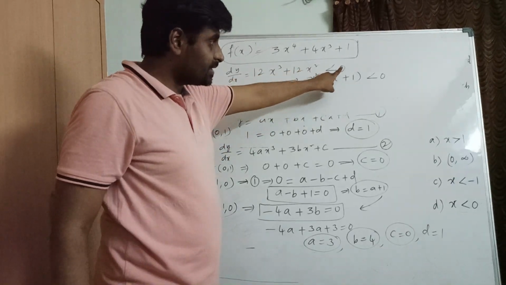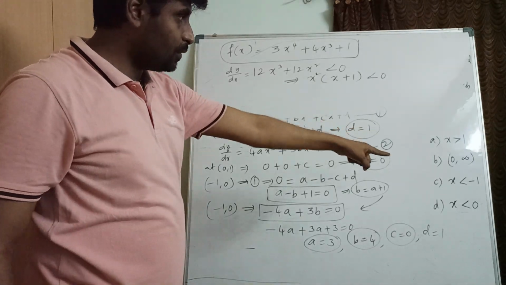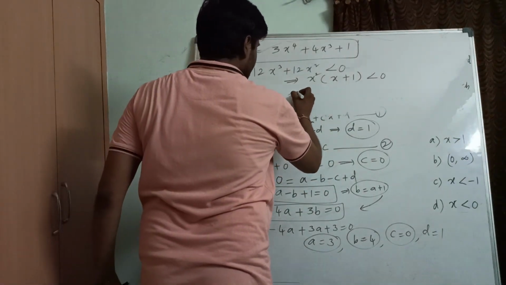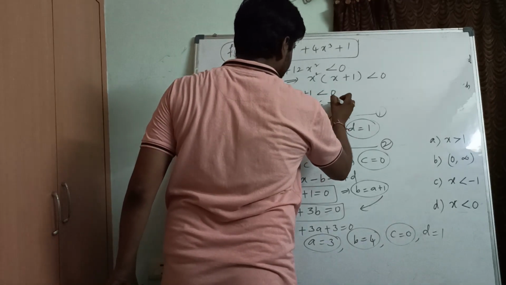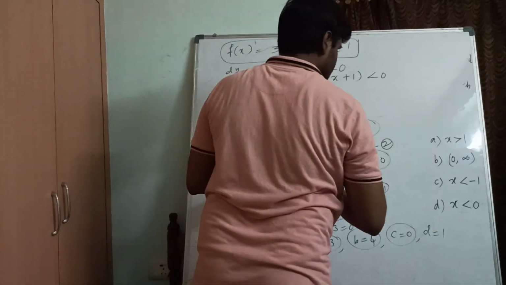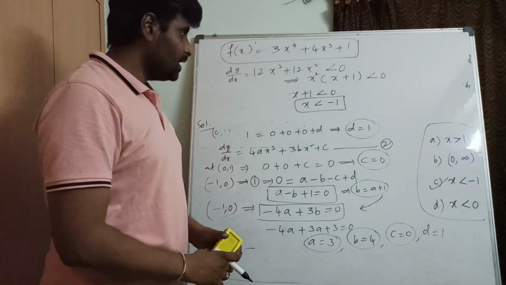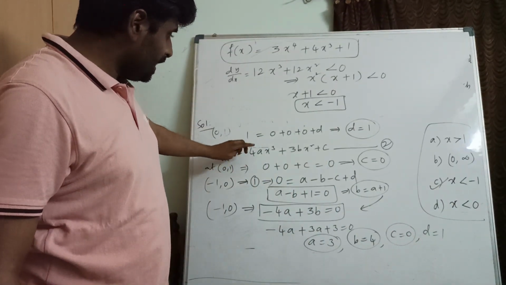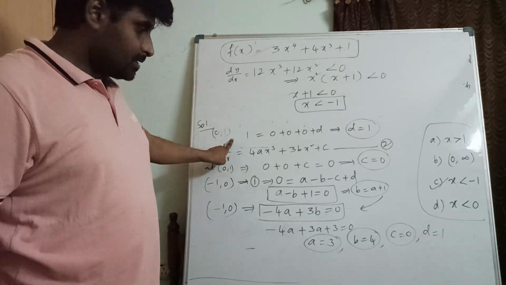So this expression gives you negative value, negative slope. So which of the following option correct? X plus 1 less than 0, x less than minus 1. So this will be the required answer. Okay? Right? Option C is correct. Hope you have understood. Okay, just we are going to observe step by step these points. 0, 1, slope is 0.